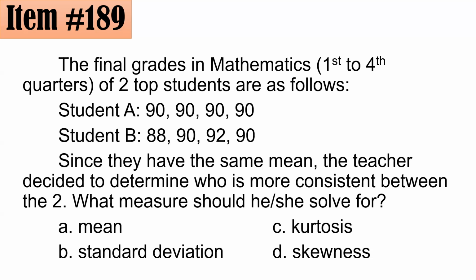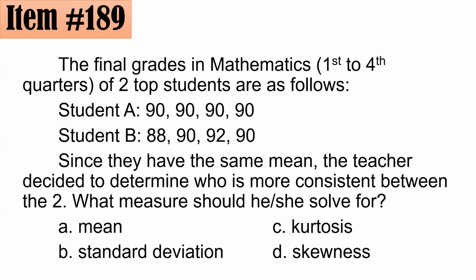Since they have the same mean, the teacher decided to determine who is more consistent between the two. So what measure should he or she solve for? Did you go for the mean, standard deviation, kurtosis, or skewness?